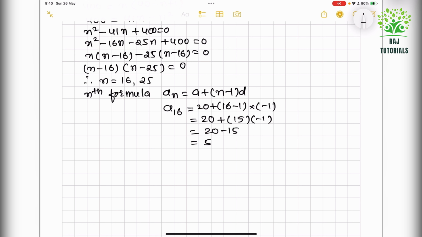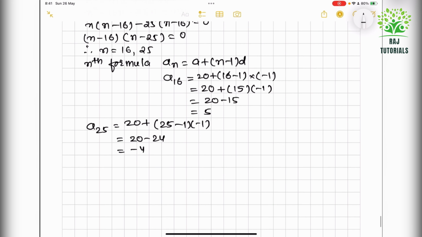And if I do the 25th term, a25 equals 20 plus 25 minus 1 into minus 1, so that is 20 minus 24, so minus 4.